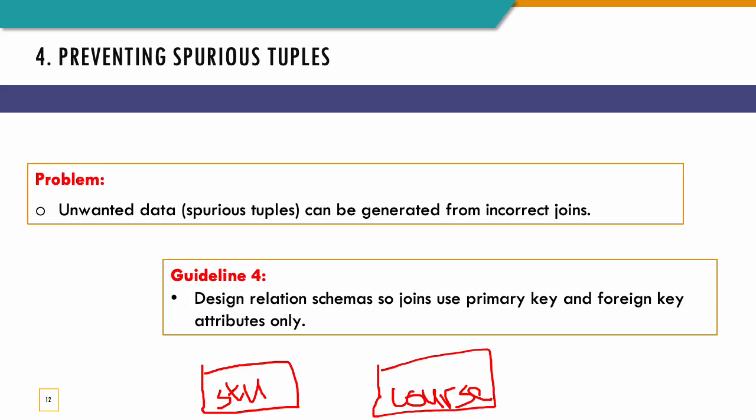So this is unwanted data. When you join these two tables, the database tries to match the rows based on certain attributes. If the join is done incorrectly, for example, joining tables based on non-unique columns or an incorrect relationship, it can produce extra or irrelevant rows. And these are the spurious tuples.